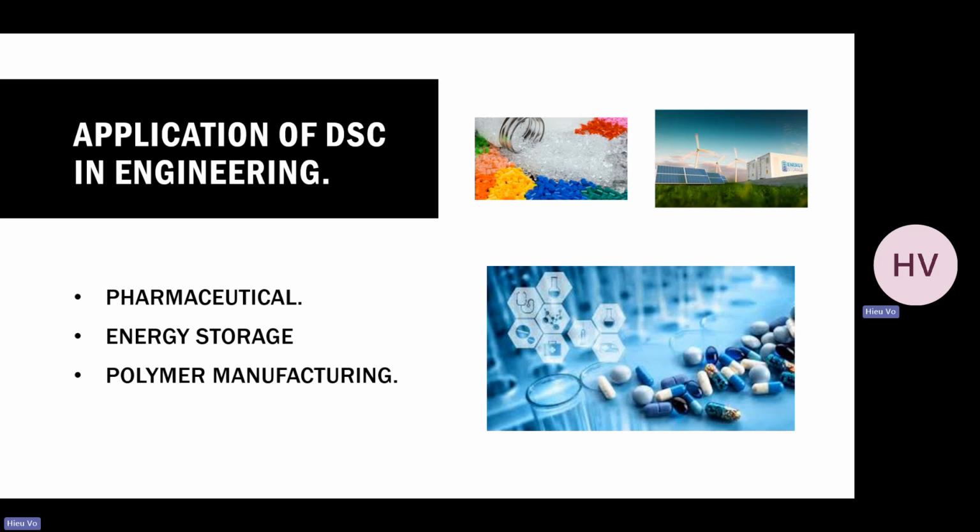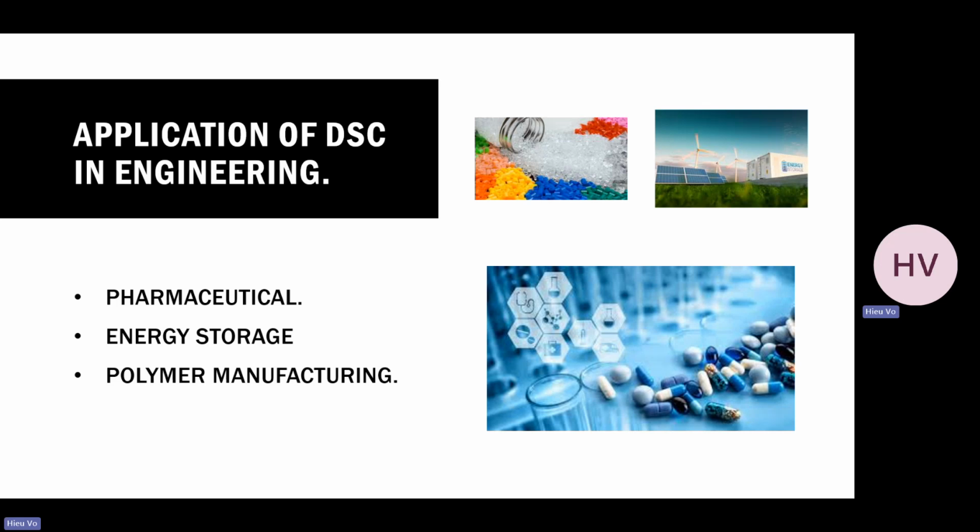In economic benefit, DSC is generally faster and less expensive per analysis, making it beneficial for rapid screening and routine testing. First, let's talk about the application of DSC in engineering.